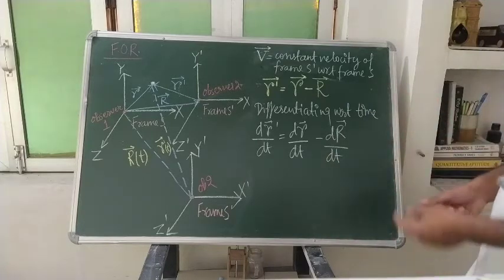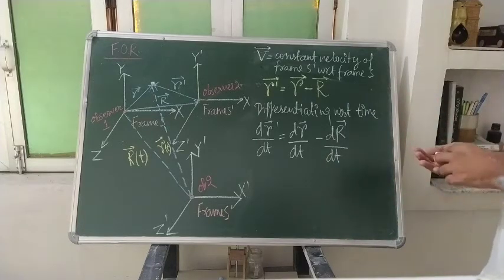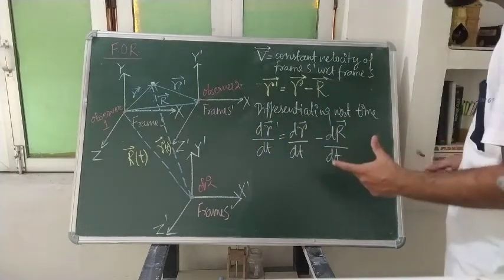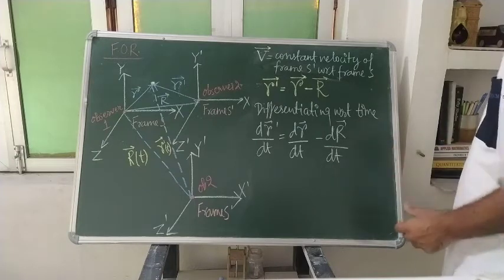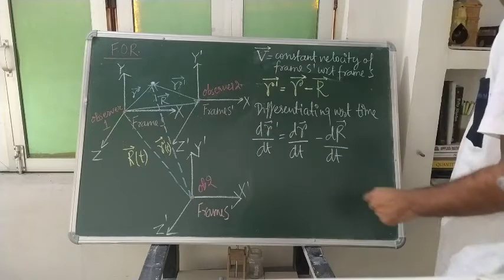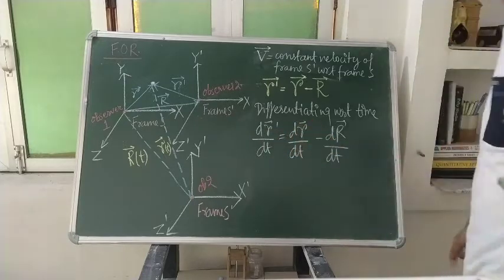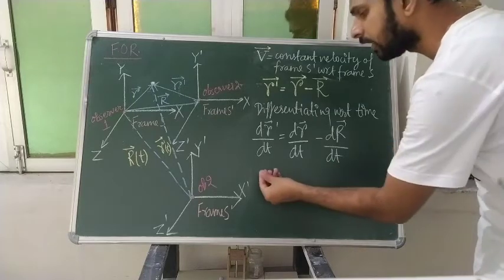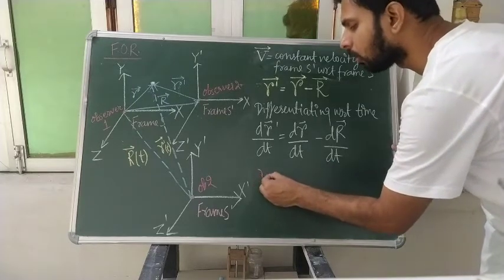Differentiation tells us the change. Change means what? Look, student, change in position divided by change in time. So change in position divided by change in time will be called what?